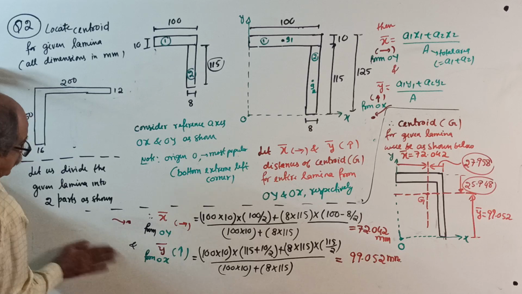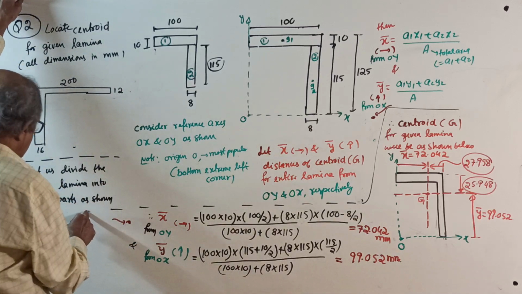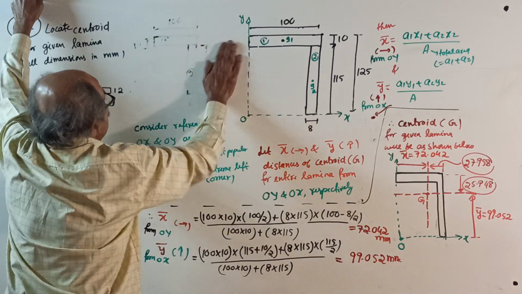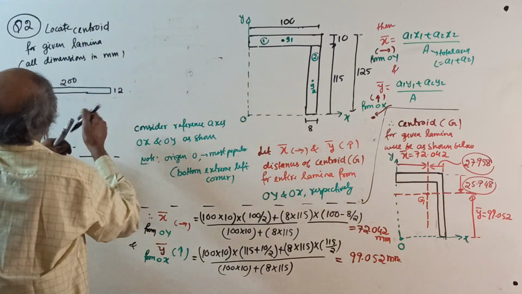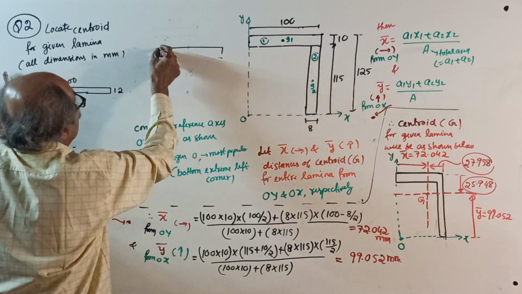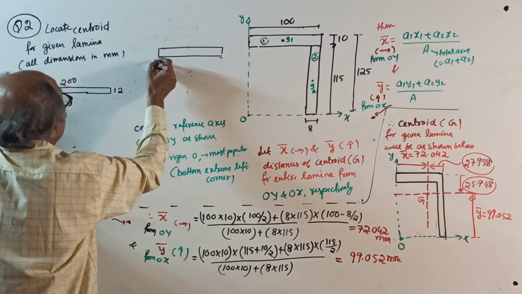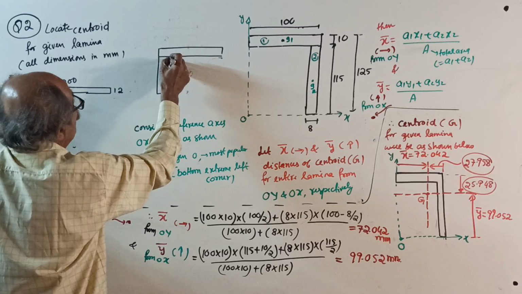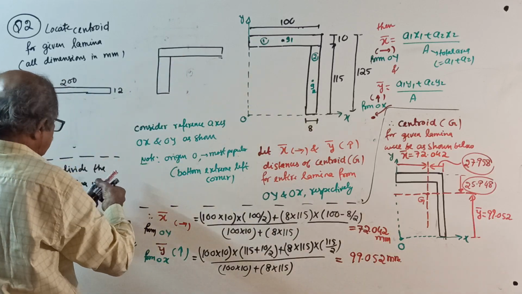Now, let us divide the angle into two parts as shown. We will divide horizontally. One rectangle here. One more rectangle here. This is thicker. I will take this as part 1.